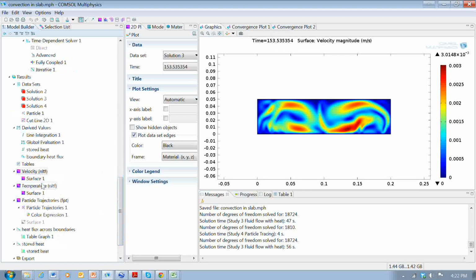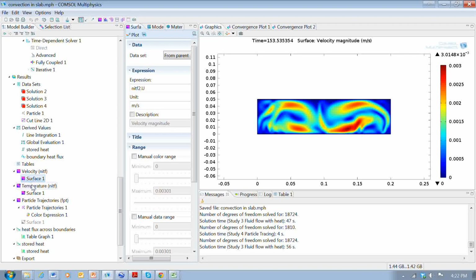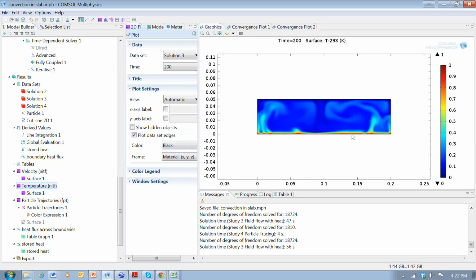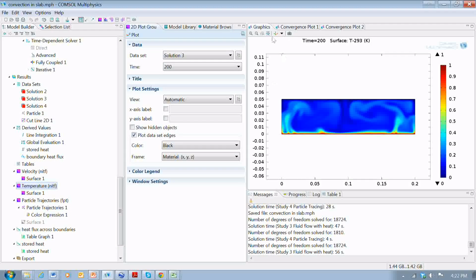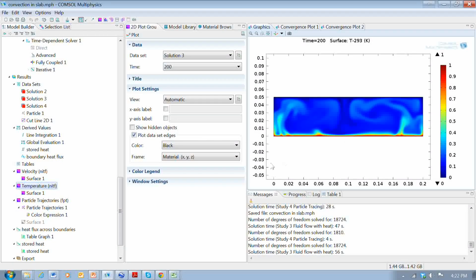Okay, so let's take a look at the temperature. This is the temperature at the end of the simulation. And we can see the cell right here and another one. And you can see the fluid looks like it's trying to come up here. So there are, I don't know, two cells, but this looks like it might be a cell here and another one trying to come up.